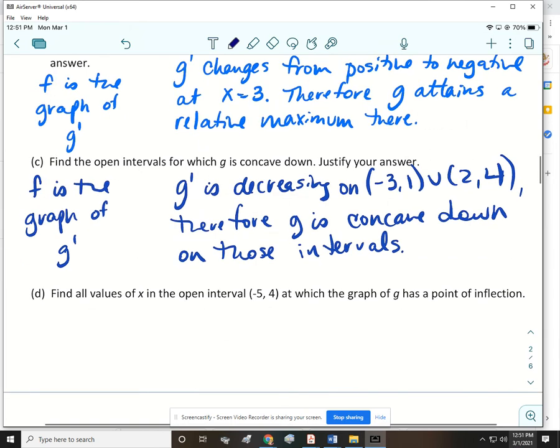Okay, see if you guys can do D on your own. D doesn't ask you to give a justification, so you can just answer it.